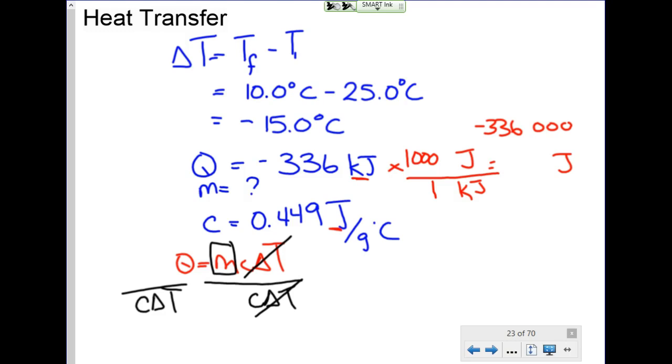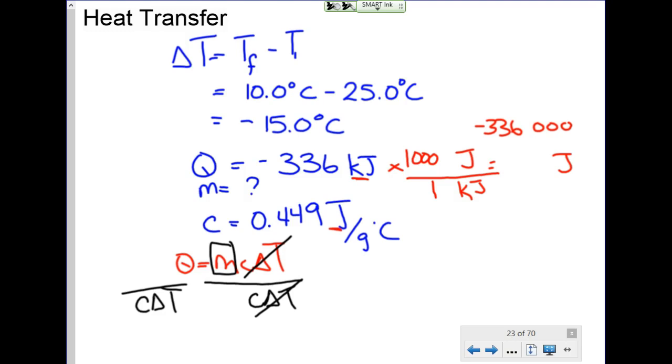Negative 6.735 divided by negative 6.735 is going to equal 1. What I do to one side, I must do to the other side. Joules divided by joules is going to be equal to 1.